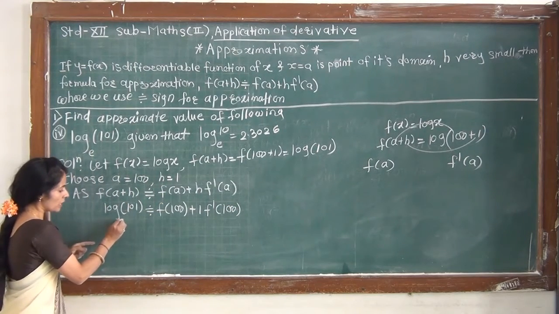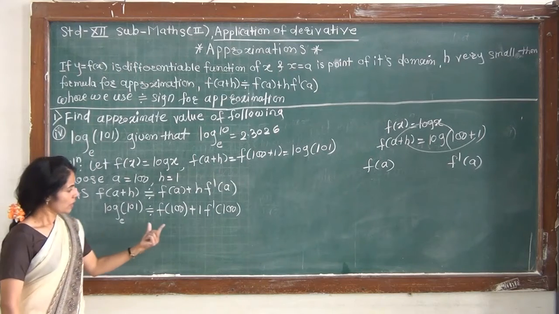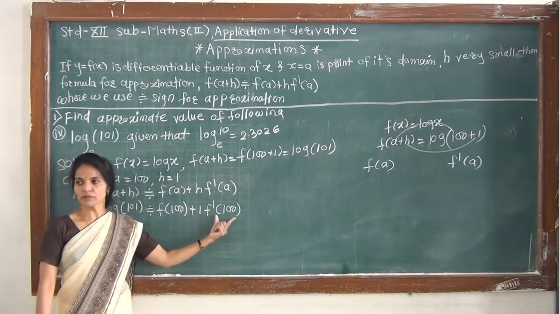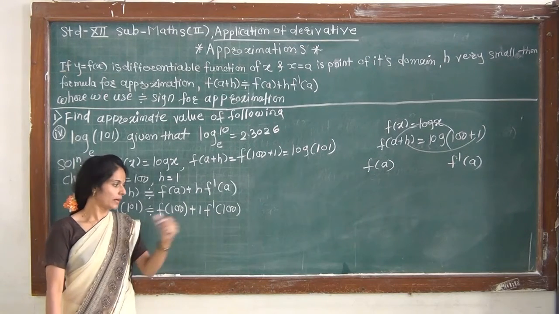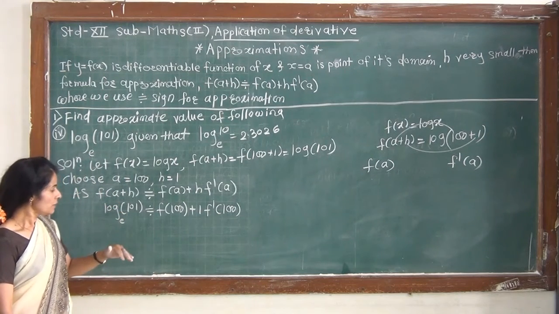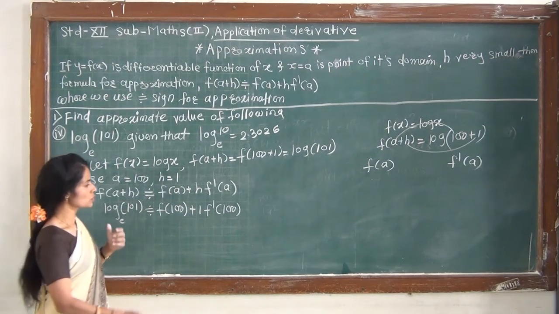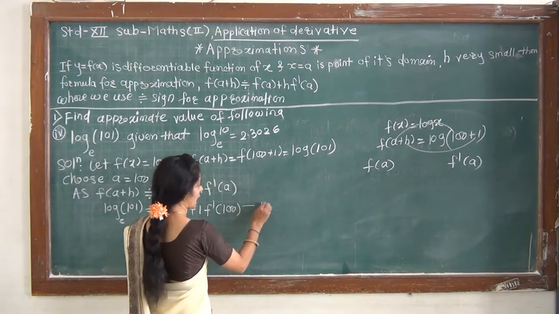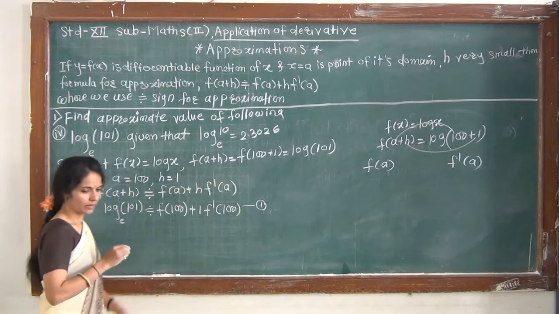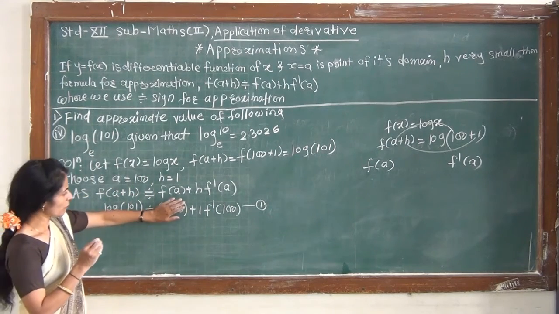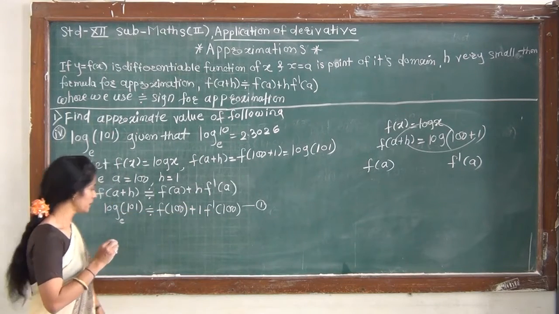Now in further calculation, we find the value of f of 100 and f dash of 100, and we put these values in this equation. We mention this equation as equation 1.